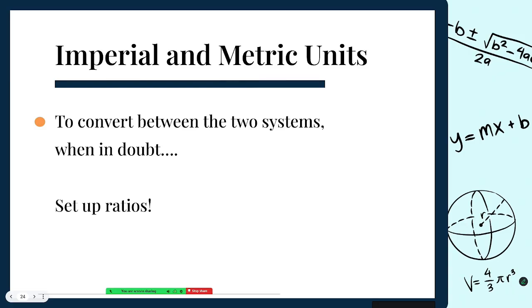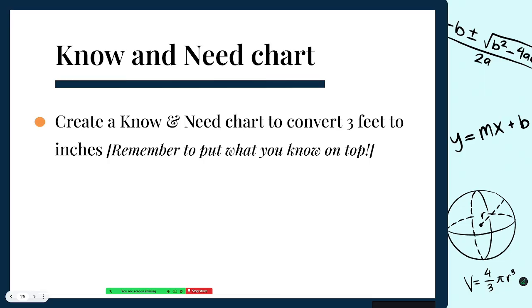When you need to convert between any two systems, it is always wise to set up ratios. So whether you're converting currency or temperature or whatever it may be, set up ratios. If you look on page 21 of your Unit 3 course material, you'll see this know and need chart.